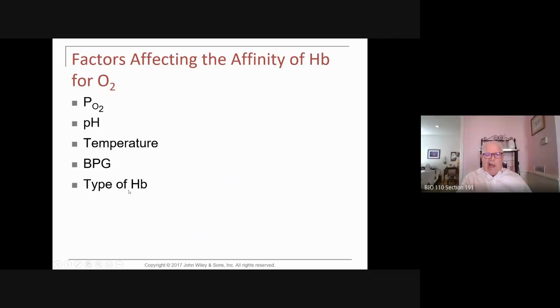But what about the types of hemoglobin? How many types of hemoglobin are there? What's the normal hemoglobin? What type is it? Does anyone know? Who did the lecture on sickle cell anemia?